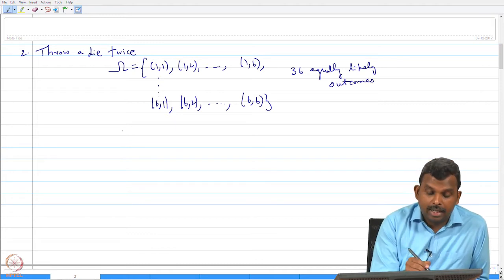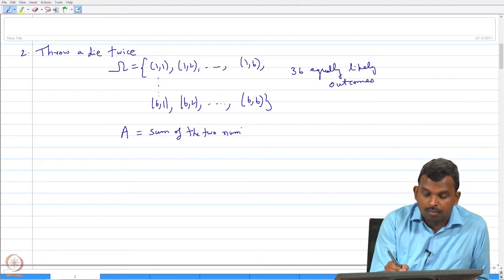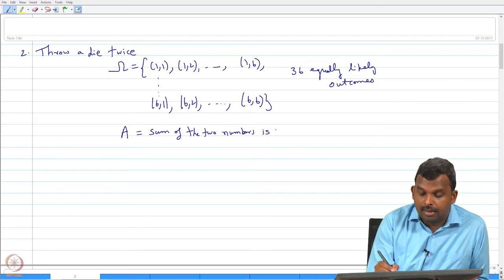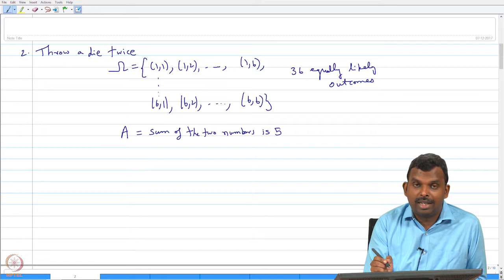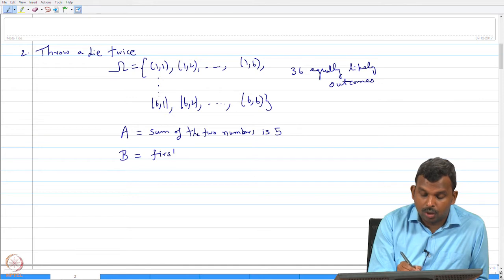I am going to define an event A, which is that the sum of the 2 numbers that showed up when you threw the die is, let us say, 5. And the event B is that the first toss is 2.